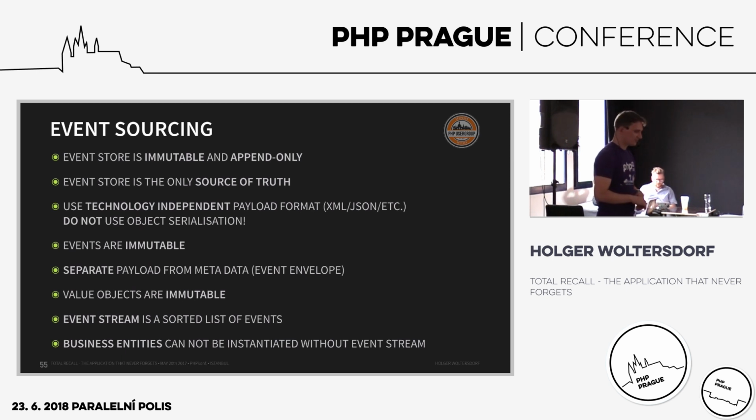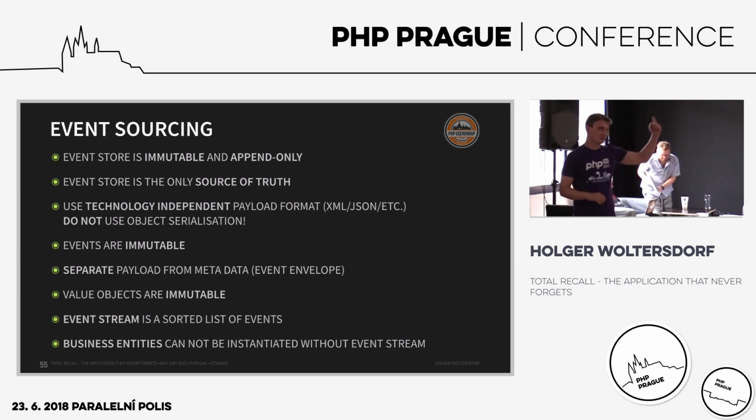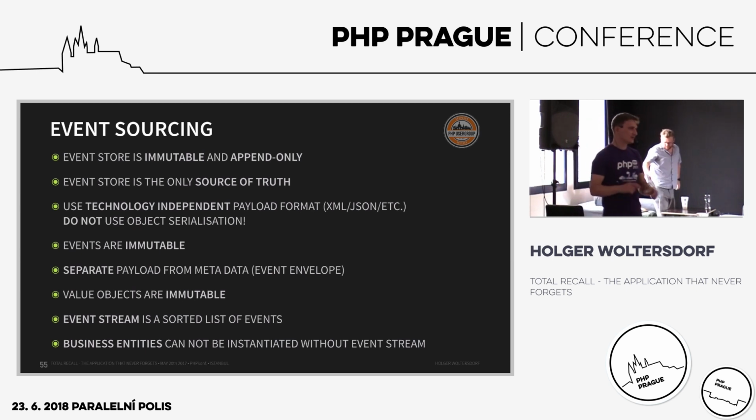I've done multiple event sourcing implementations with millions of records in one table. It's not slow because you sort by an integer. That's your sequence, and you just select from top to bottom. You never have to make any joins or anything else. So it's not slow even if you use MySQL.